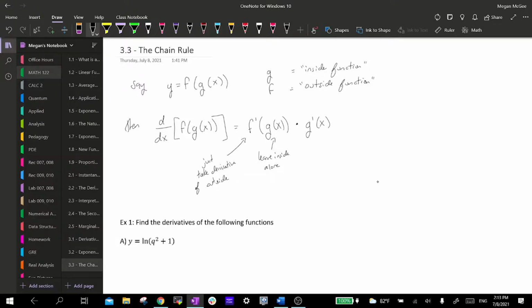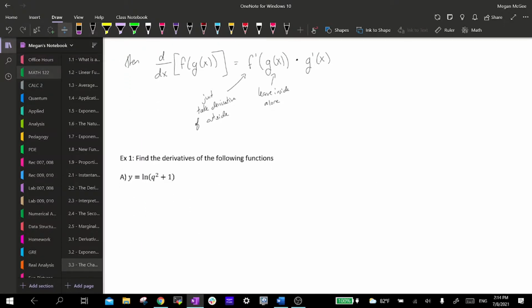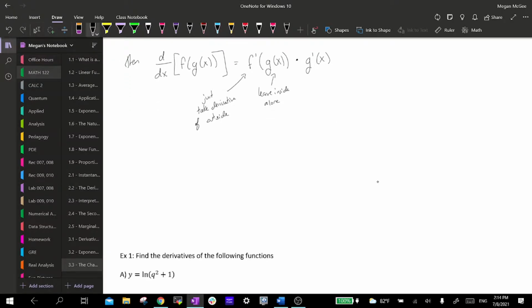Alright, if we want to see this in our Leibniz notation, so I'll give us a little bit more space to see this in Leibniz notation.